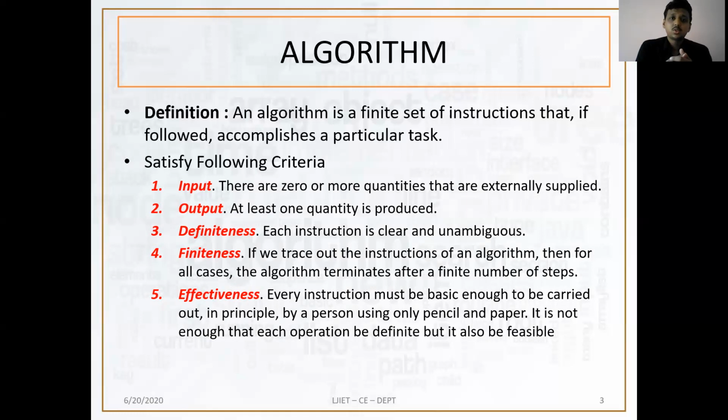Second is to go down by the lift, another feasible way. And the third is to jump out from the window. Which one is effective? Jump out from the window? No, not at all, because it is not a feasible way to go down. The same thing happens with an algorithm. You should have feasible solutions.